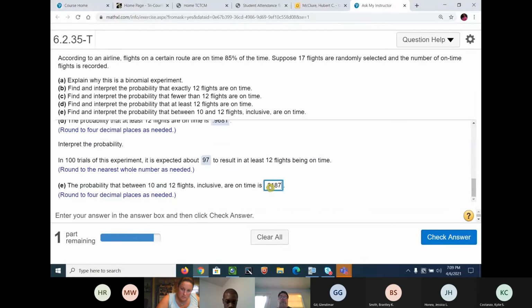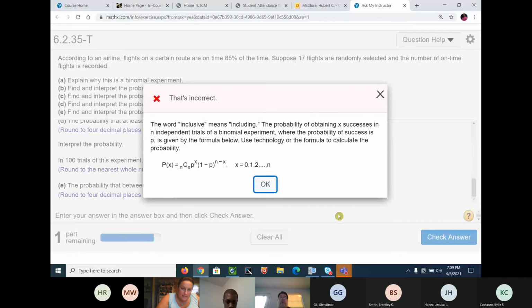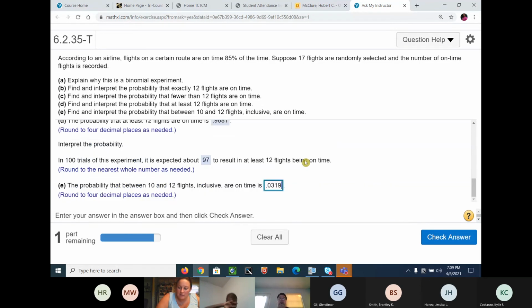Okay, check that again. Is it .03187? Hold on. Add a 0. .03187. I don't need the 7. Well, it'd be 9. Change it to a 9 then. Yeah. Okay, something's wrong.